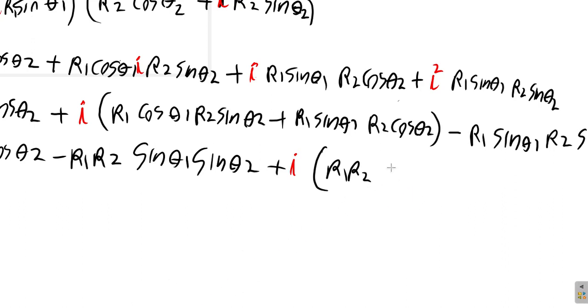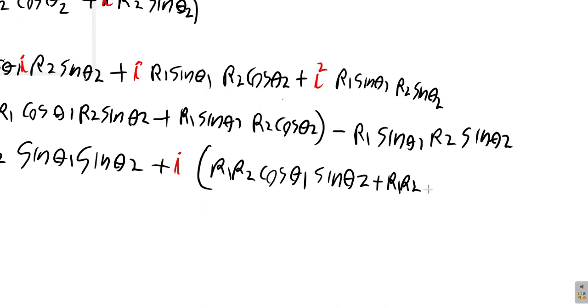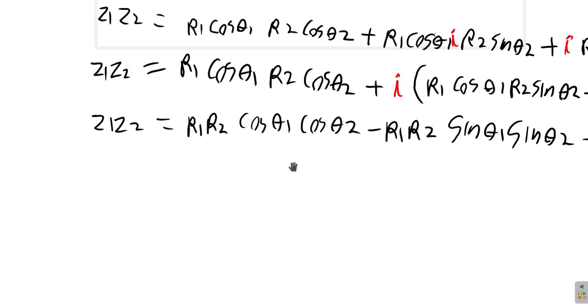So what we have is R1 R2 cos theta 1 sine theta 2, then plus R1 R2 sine theta 1 cos theta 2. Alright, let's continue playing around with this.